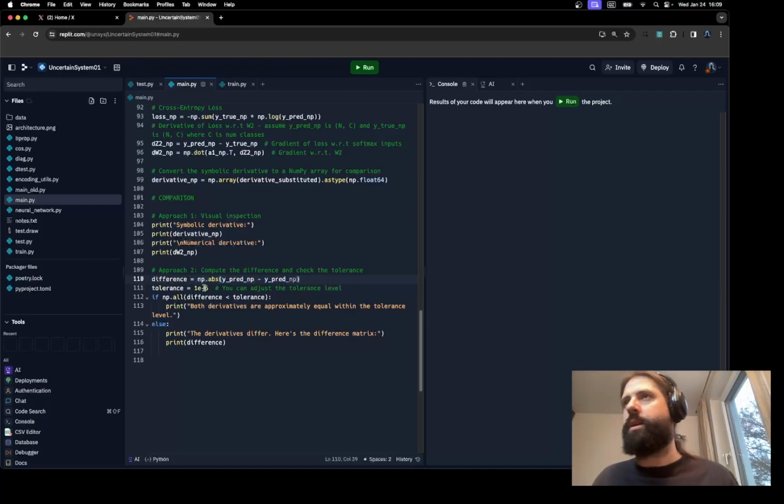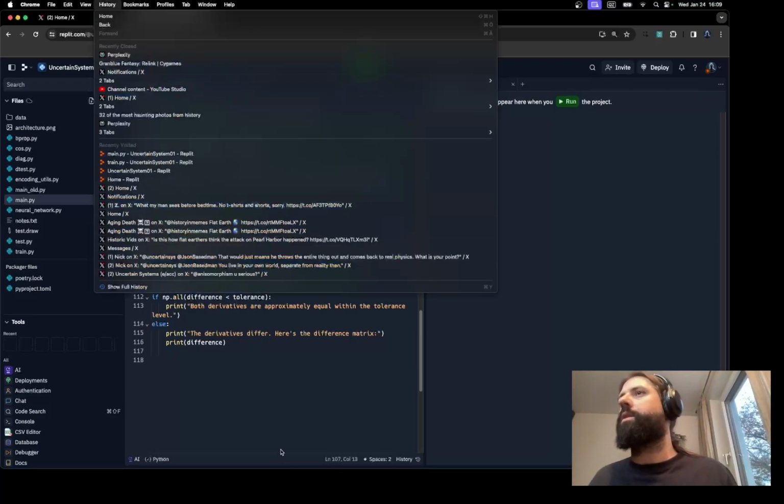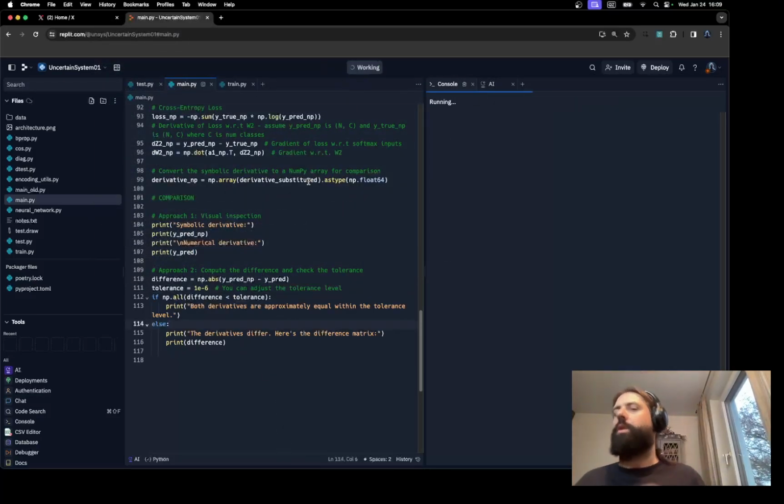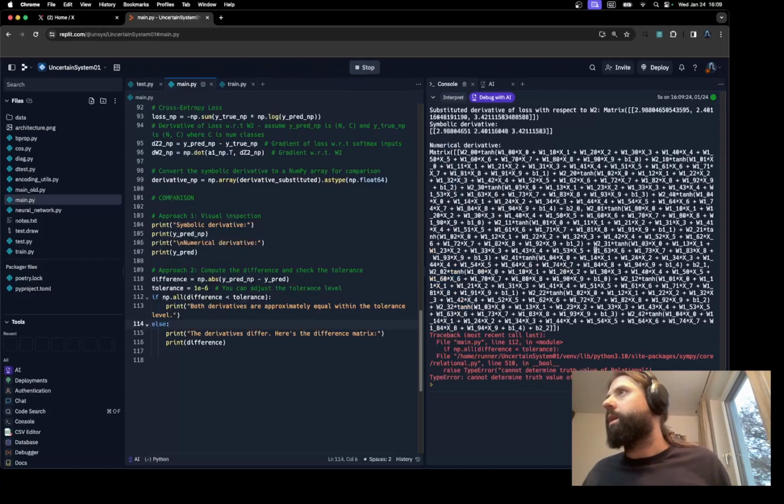Can I do this? Is it going to work? First of all, we see if there's a difference there already, because there's so much stuff going on in there. Okay, but now the problem is truth value of relational. What the heck?